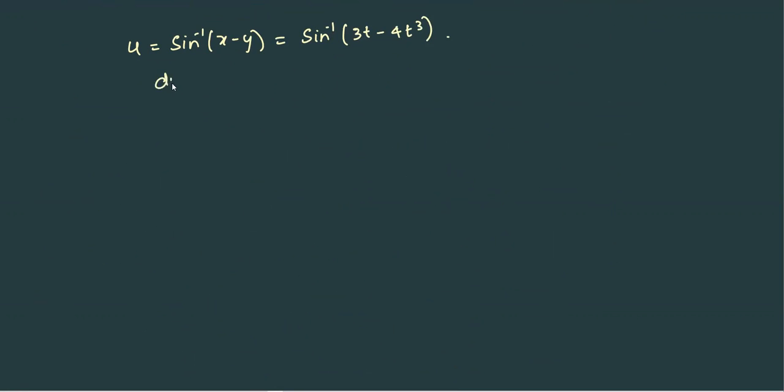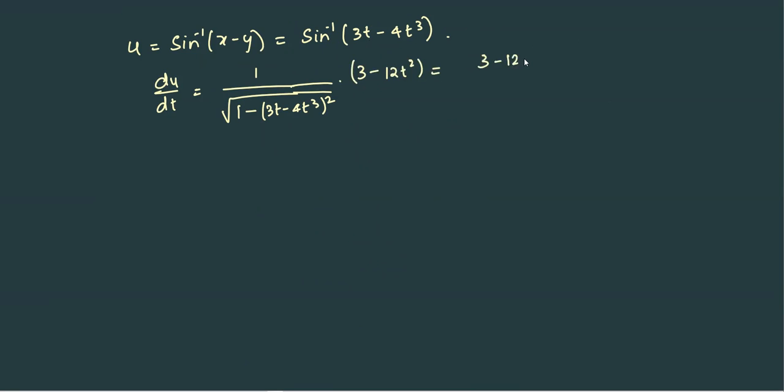So du by dt is just the direct derivative, 1 by root of 1 minus (3t minus 4t cube) whole square, times 3 minus 12t square. So that's the same thing we get by partial derivatives.